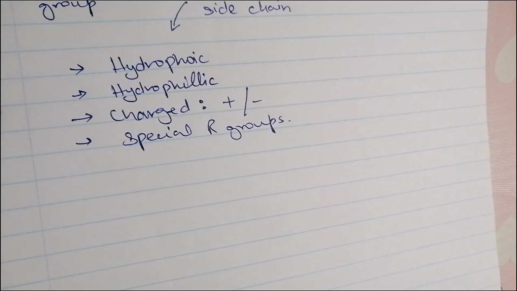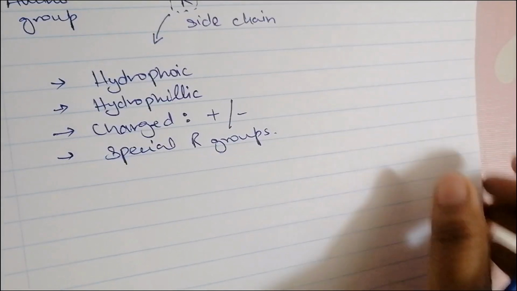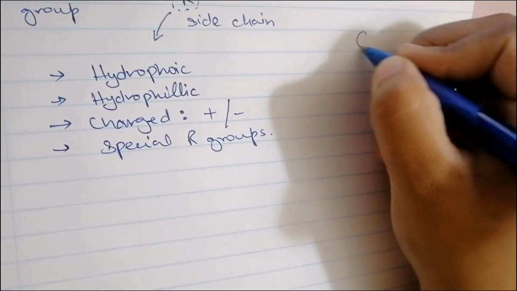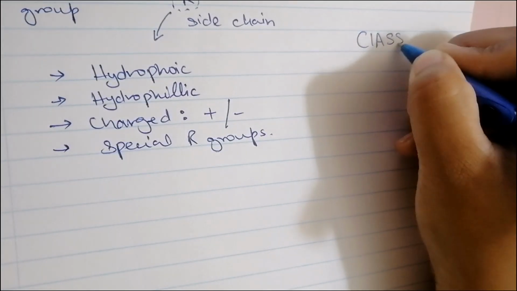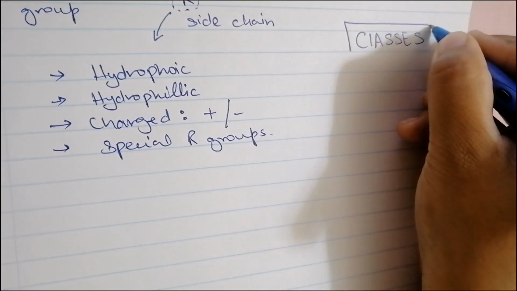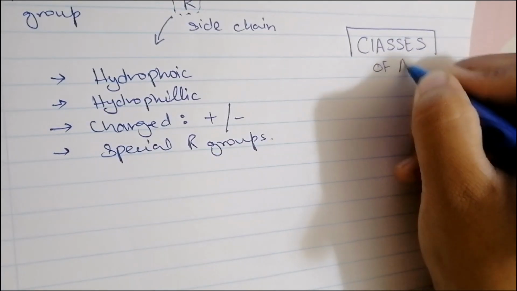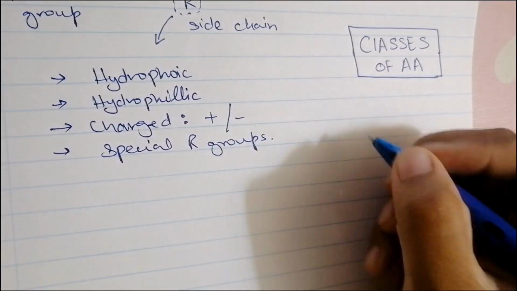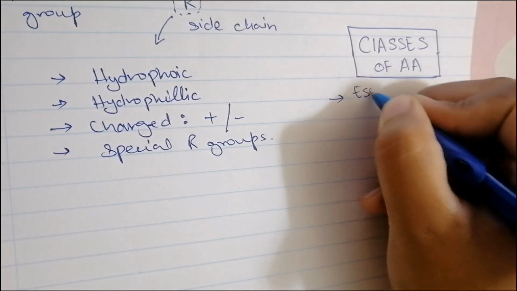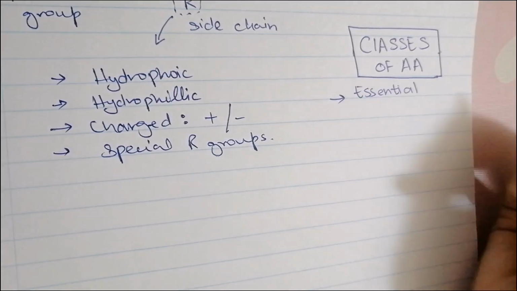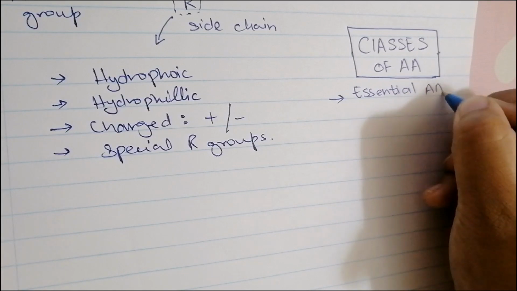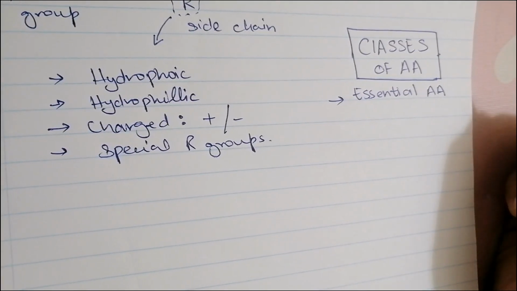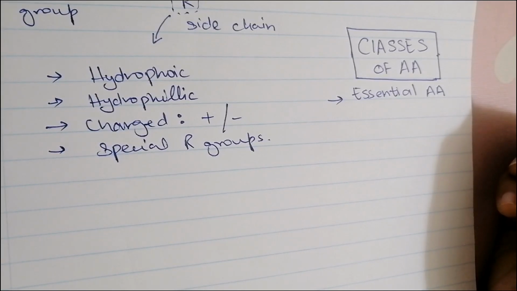Then moving forward, we can divide amino acids into different classes. So let's just say here classes of amino acids. I'm just going to say AA for amino acids. These are your essential amino acids, which humans cannot synthesize and must be obtained directly from the food.